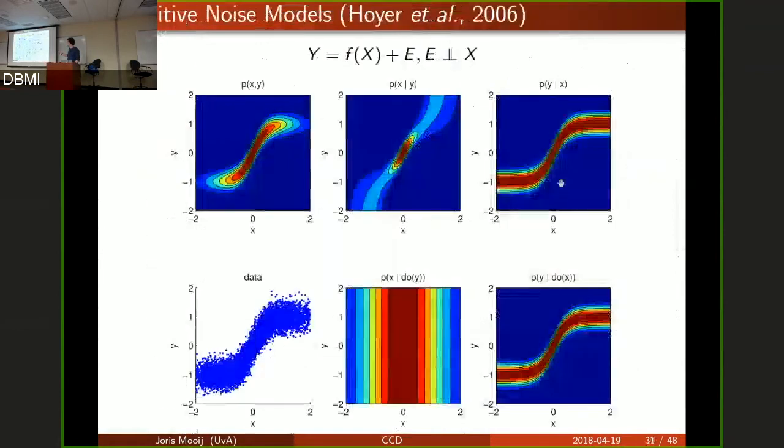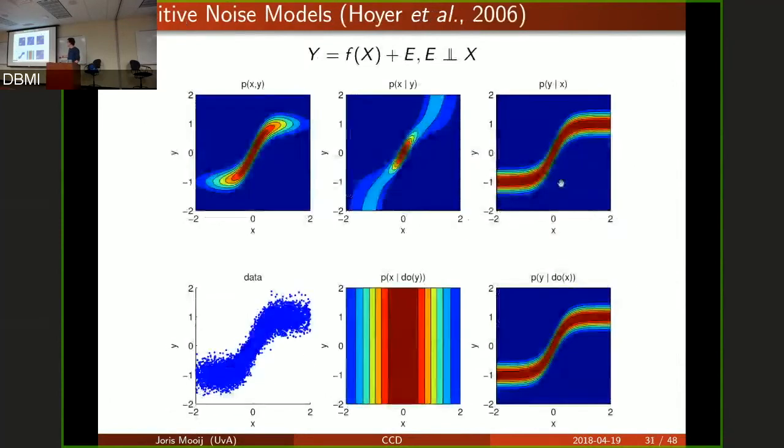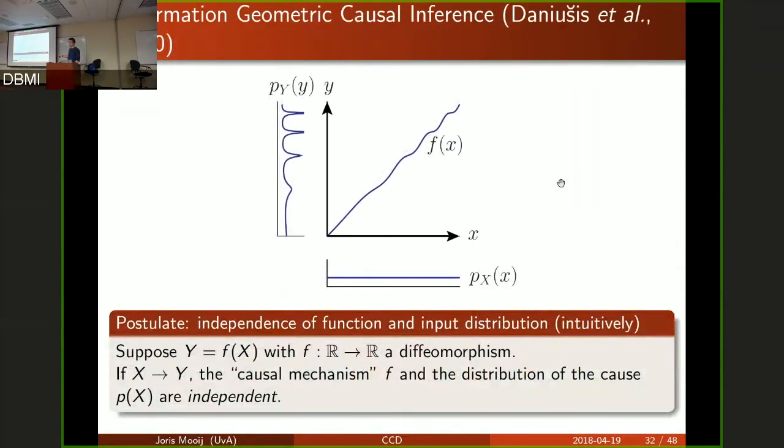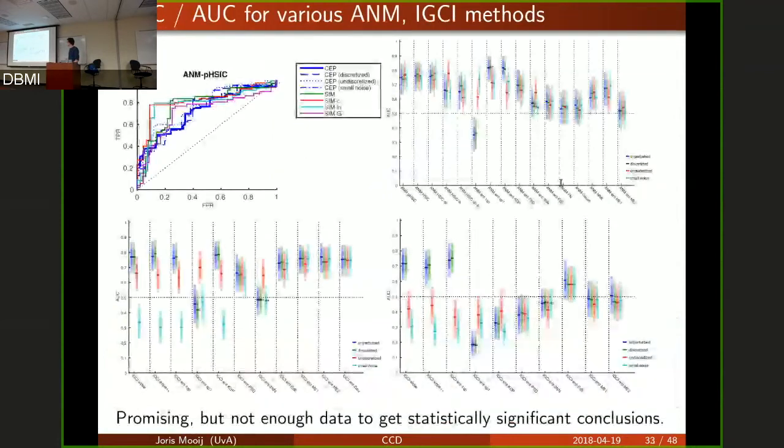So, very briefly, we had this benchmark data set collected over the years. We evaluated several methods, variants of additive noise models, and IGCI, information geometric causal inference methods, for those of you who are familiar with it.